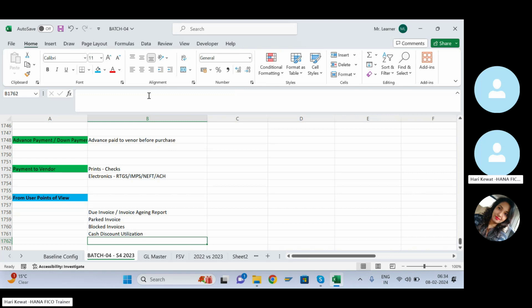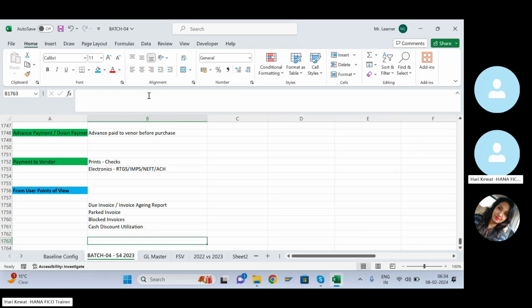So it is very important from the user point of view to know which invoices to pay and which not to pay, so that you also avoid any kind of late penalty from the vendor. At the same time, the user should also think to pay on time so that they can get the maximum cash discount from the vendor.